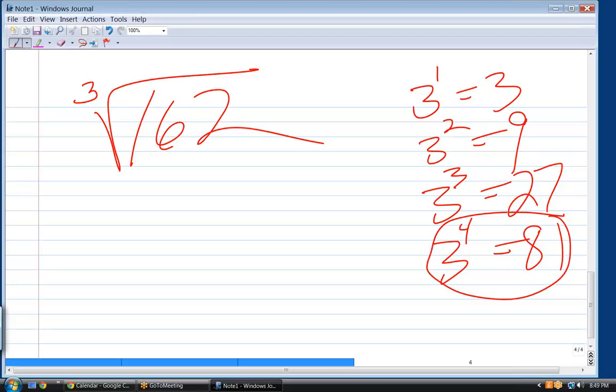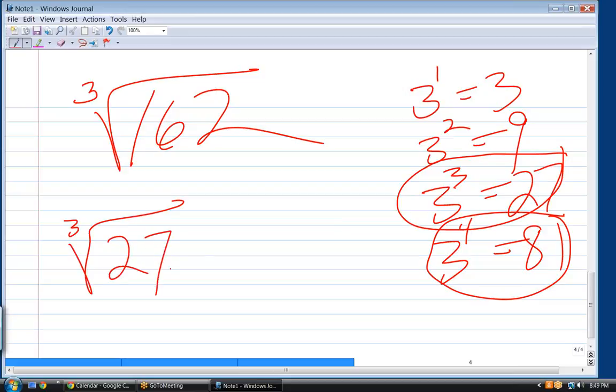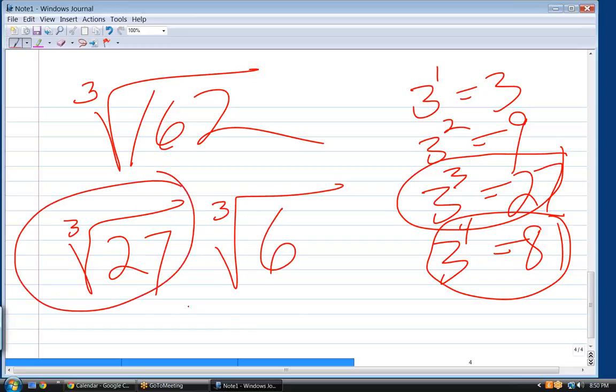We want to look for whatever 3 to the 3rd power is. So I could separate this into the cube root of 27 times what? What's 162 divided by 27? That is 6. Right. And this we know to be 3. So that would be 3 cube roots of 6.